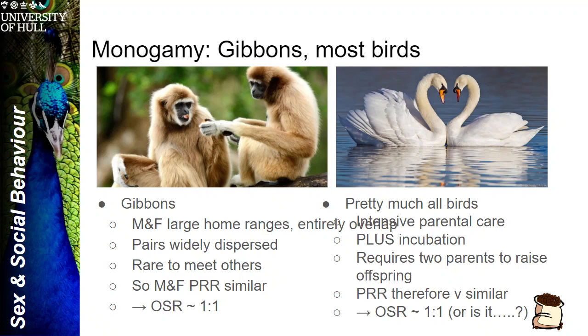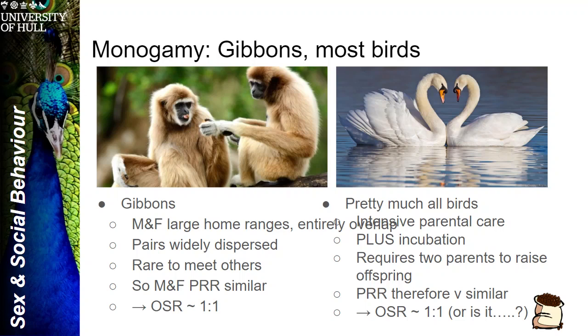So there's no real point in deserting your partner to seek another mate because you're unlikely to meet anyone else with whom you might potentially mate. So it's rare to meet other ones. And so the male and female potential reproductive rate is pretty much similar. Neither would gain any benefit by deserting to find a different mate. And your operational sex ratio is effectively 1-to-1 as well.